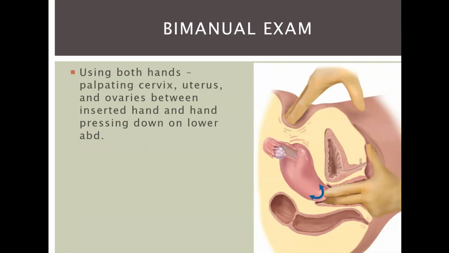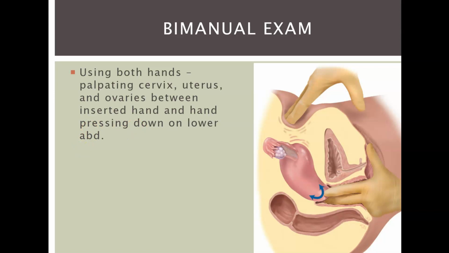And then you want to give a bimanual exam, so you're checking to see if there's any pain, any cyst or anything. While you have your fingers in the vagina touching the cervix of the uterus, you put your other hand and press down on the lower abdomen.